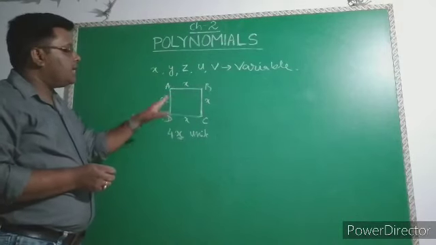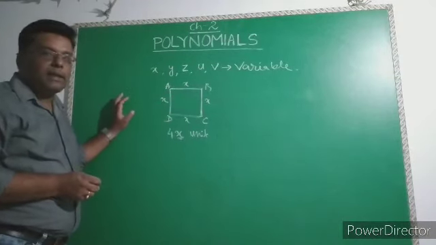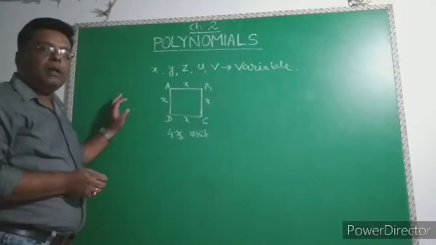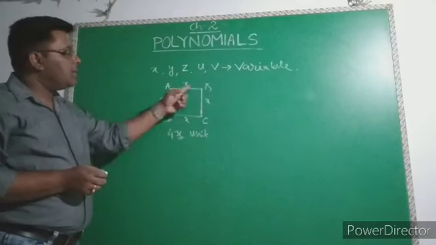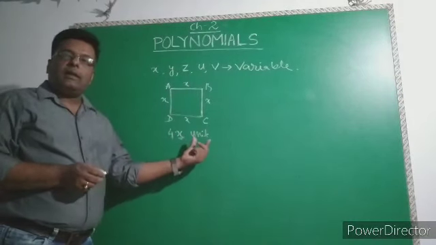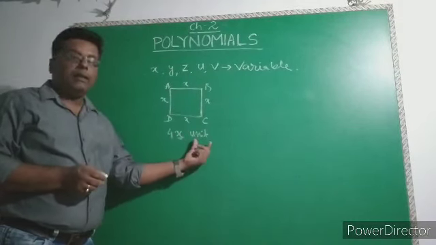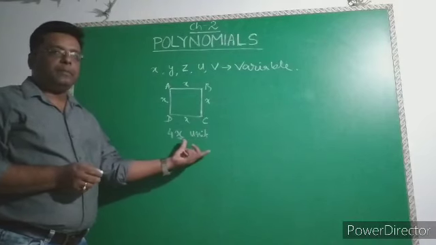If the sides are 5 centimeter each, then the perimeter will be 4 into 5, that is 20 units. If it is in centimeter, then we write in centimeter. If it is in meter, then we write in meter, etc.